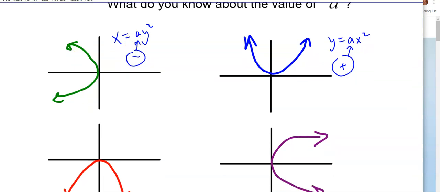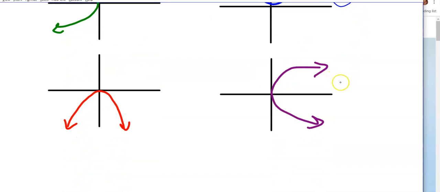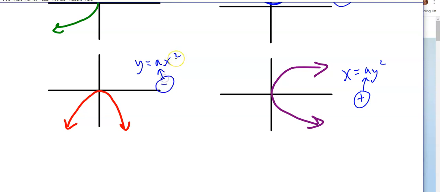To the left and down are negative directions. So here this would be an x equals ay squared kind of graph. And the a value would have to be positive because it opens to the right. And here we have a y equals ax squared kind of graph. And a must be negative because it's opening downwards. Downwards is a negative direction.